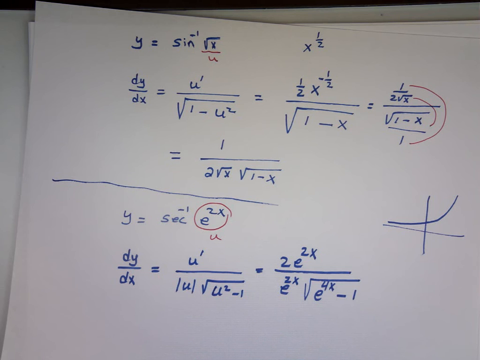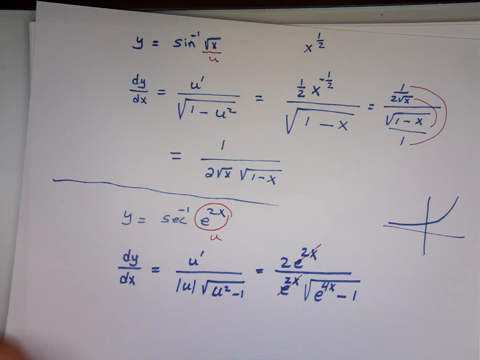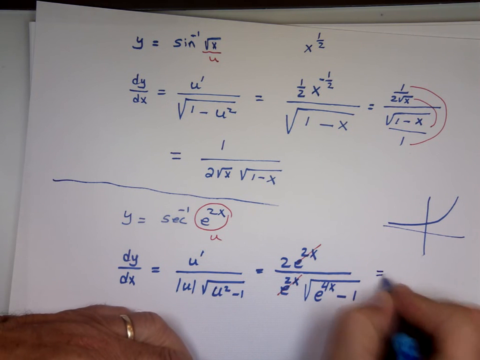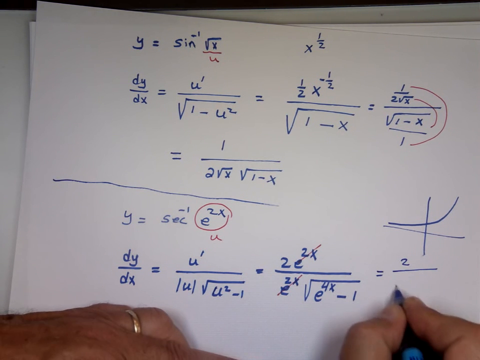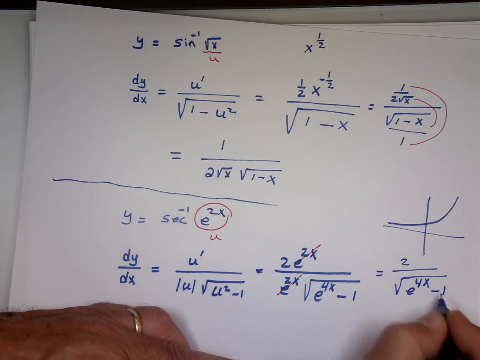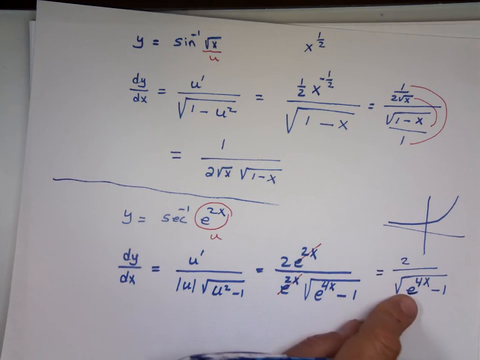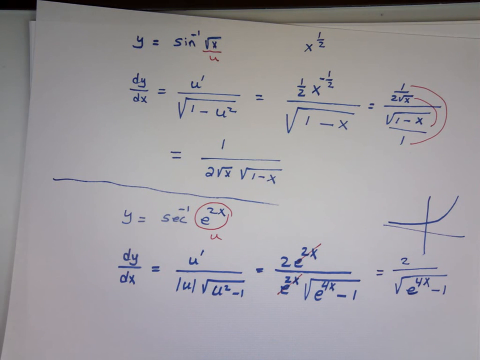So e to the 2x here, can you cancel them out? Yes. So that would be 2 divided by the square root of e to the 4x minus 1. Absolutely yes. Good call. If you have matching stuff on the top and the bottom, just like any algebra, you can always cancel that.